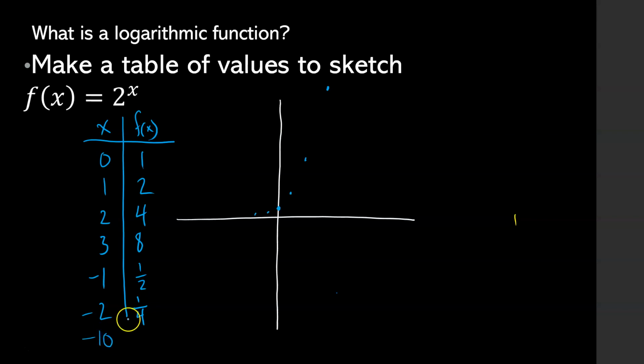If we did negative 10, 2 to the power negative 10 is 1 over 2 to the power 10. We get a very small number, but that number is going to be greater than 0. Let's label this f of x equal to 2 to the power x. Uh-oh, I wrote that in the wrong place. We're also going to sketch the inverse of f.